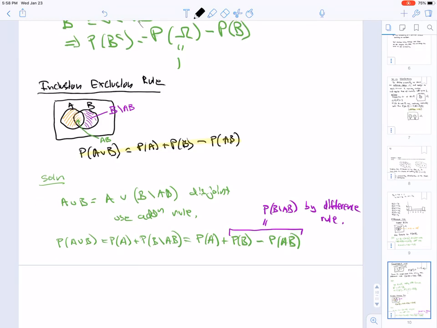But we can prove this from our axioms. The key idea is to write A union B as the disjoint union of A and B minus AB. By the addition rule, that is the probability of A plus the probability of B minus AB. And we know what the probability of B minus AB is from the difference rule, and that gives us what we want.